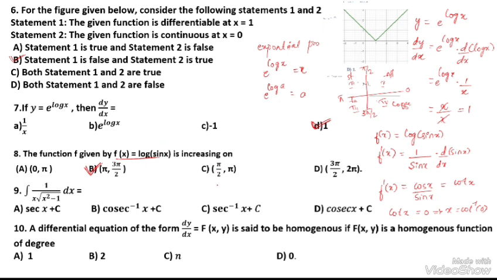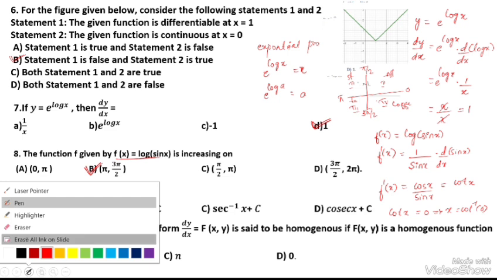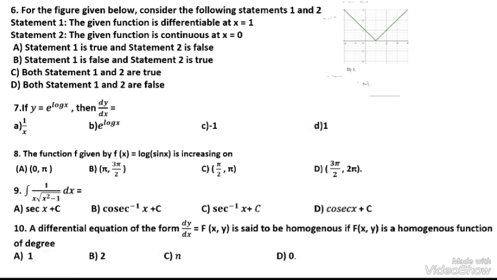That is option number B. Then question number 9. Here in this question number 9, there is a substitution method. One second. First, I will take the question.